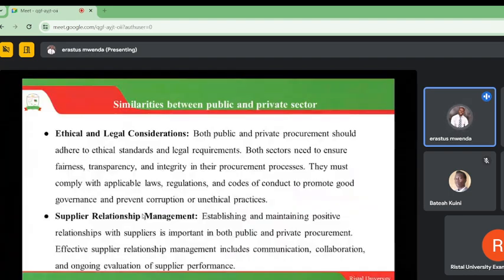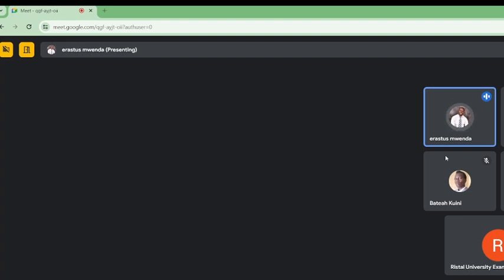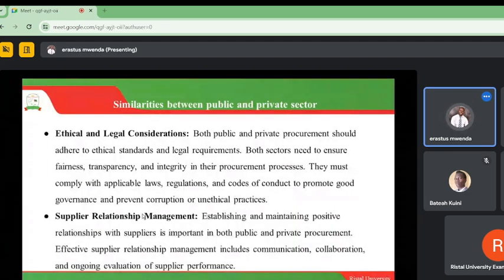This is very, very critical. How do we ensure effective and positive supplier relationship management? Number one, we need to include communication. We need good collaboration between suppliers and the entities, whether private or public. And we also need ongoing evaluation of supplier performance.